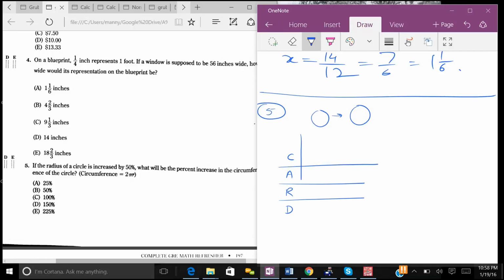Do you know the formulas for all this? 2 pi r, pi r squared. This is r and this is 2r. The radius is r. These things you have to memorize. There's no way around it. You have to have it memorized.